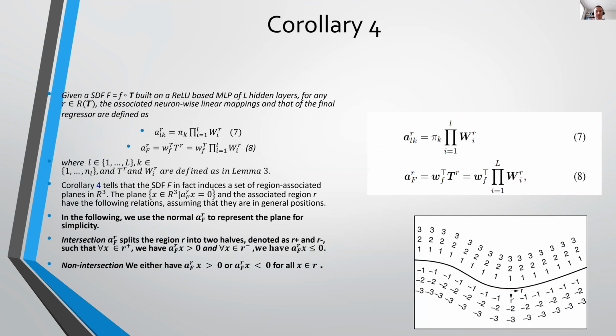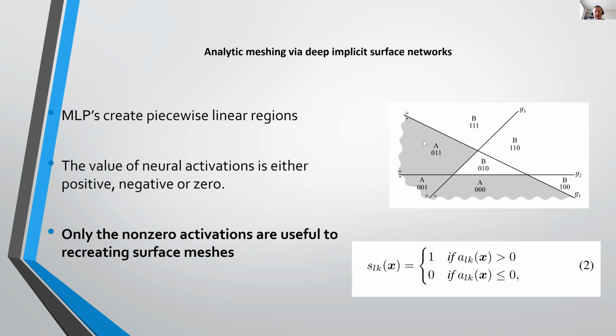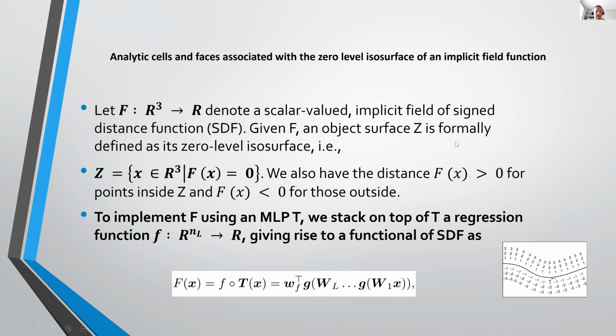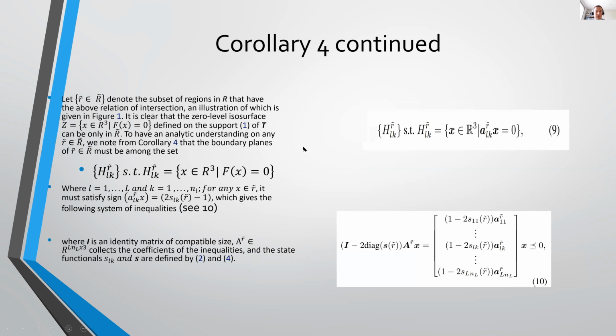So if you go and look here, C would be like these regions. H and P are kind of related to the edges associated with the MLP, and recall this S function basically gives you the activated regions near the surface.